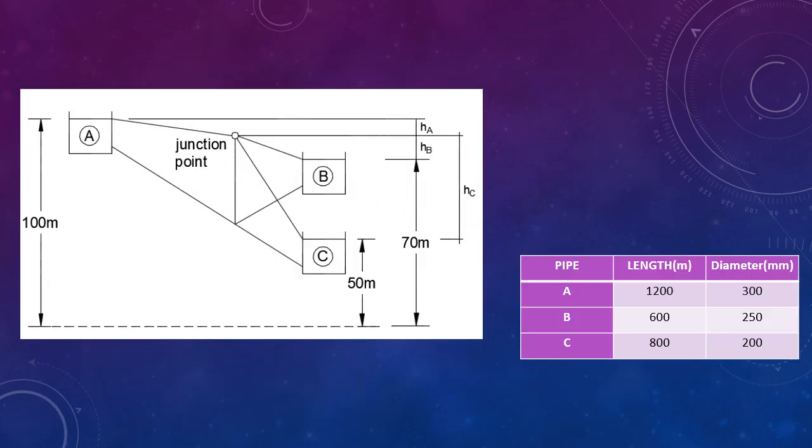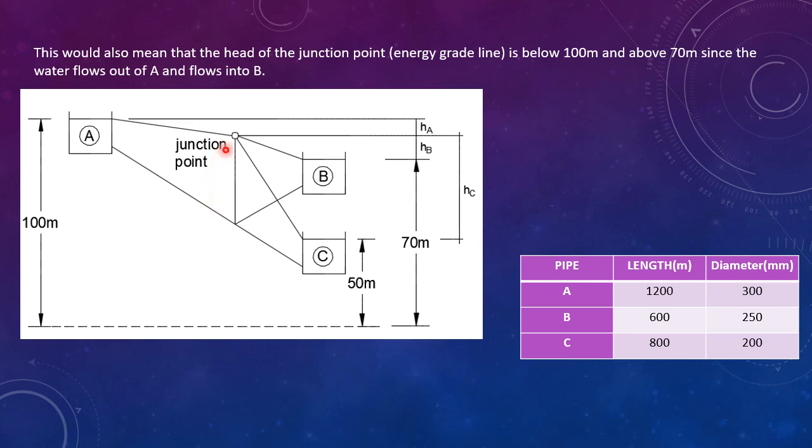This would also mean that the head of the junction point with respect to the energy grade line is below 100 meters and above 70 meters since water flows out of A and flows into B. This is now HA, HB, and HC.